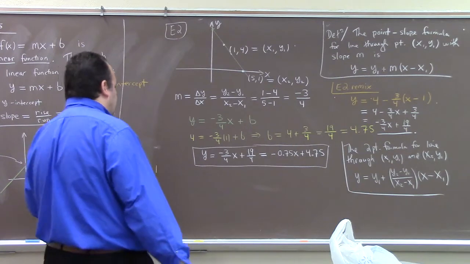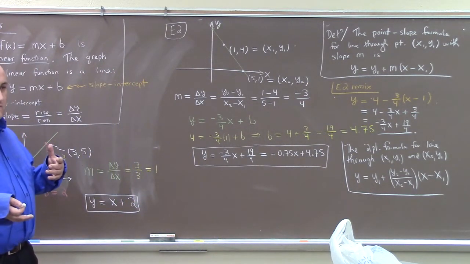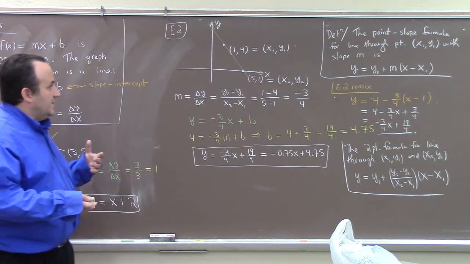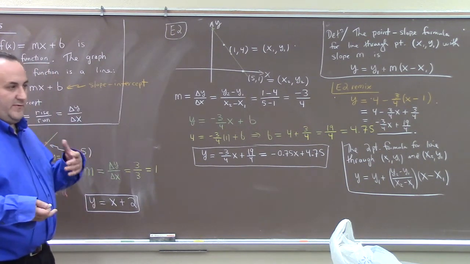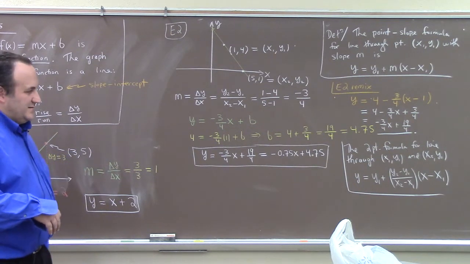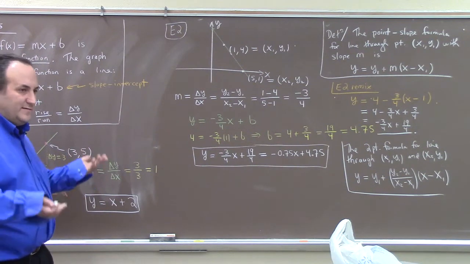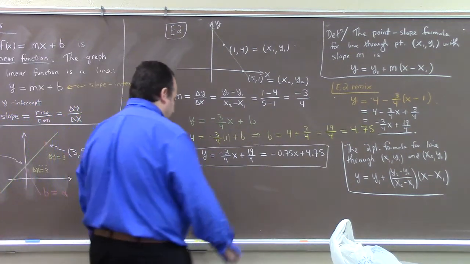I personally, as I solve problems involving lines in other courses, almost always use point slope. I rarely use 2-point just because it doesn't tend to come up for me. I usually, for whatever reason, have a slope and a point, and I find myself using that.